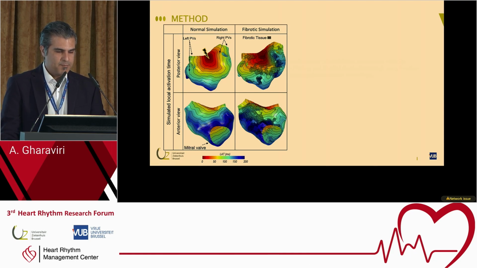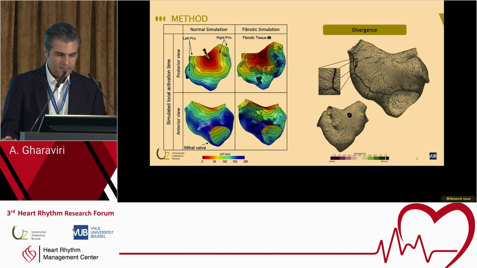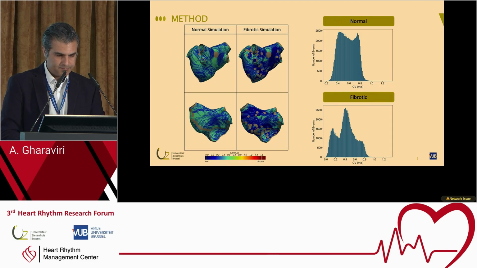We paced at a certain location, we know the conductivities, and we simulated the local activation time in the absence and also in the presence of fibrosis. In order to avoid artificial high conduction velocities due to wave collisions, we used the divergence method to detect the regions with wave collisions and to exclude those data from our conduction velocity data.